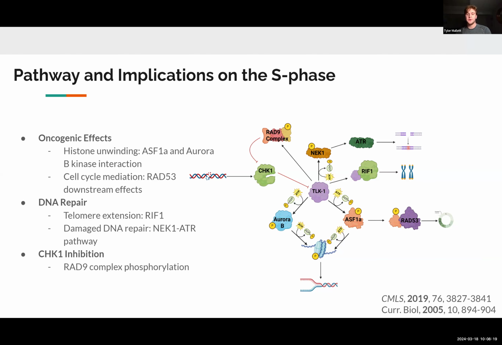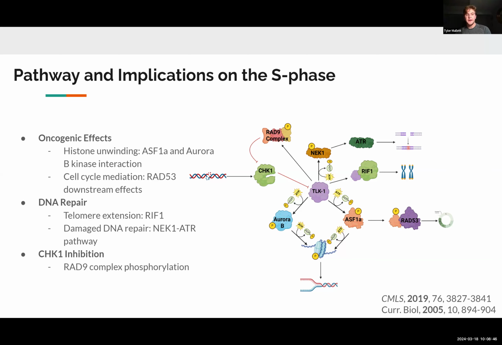It's also been shown to associate with Aurora B kinase, shown there in teal blue, to stabilize chromosomes during mitosis. Other interactions include the TLK1-RIF1 complex, promoting telomere extension, mediated interaction of ASF1A with RAD53, which is a critical cell cycle checkpoint, as well as NEK1 phosphorylation at threonine 141, which responds and facilitates DNA damage repair.